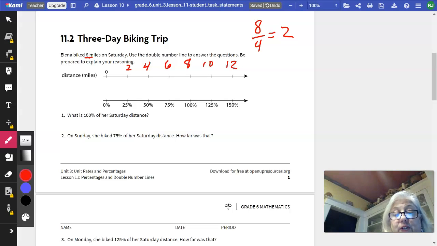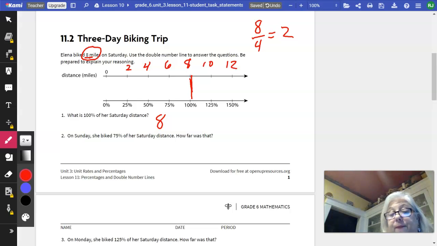Let's look at our 2 questions here. Our first question says, what is 100% of her Saturday distance? Well, if she biked 8 miles, 100% of 8 is 8. So that answer would be 8. On Sunday, she biked 75% of her distance.